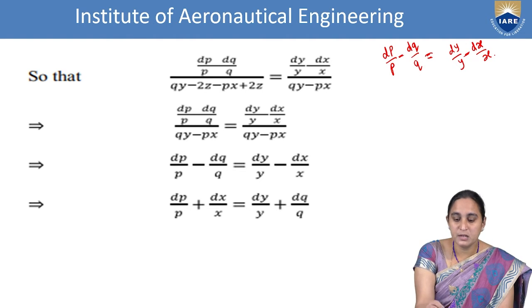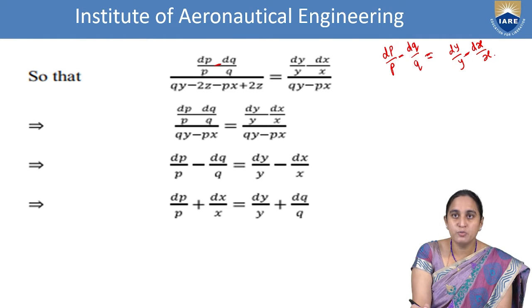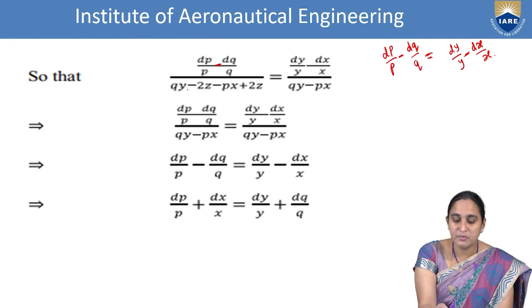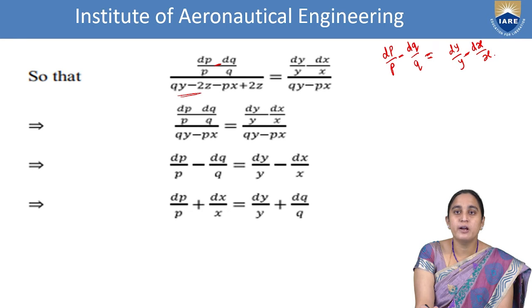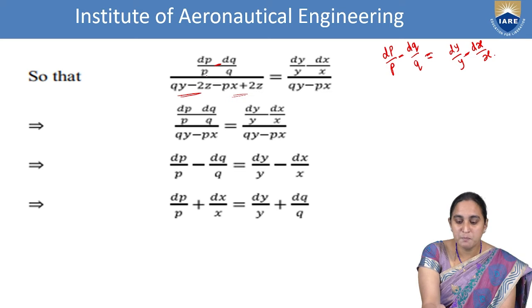From that, dp by p minus dq by q: after multiplying with p, dp divided by p means p is cancelled. We got qy minus 2z. If we divide with q, q is cancelled, and we got minus px plus 2z. Therefore, dp by p minus dq by q divided by qy minus 2z minus px plus 2z.